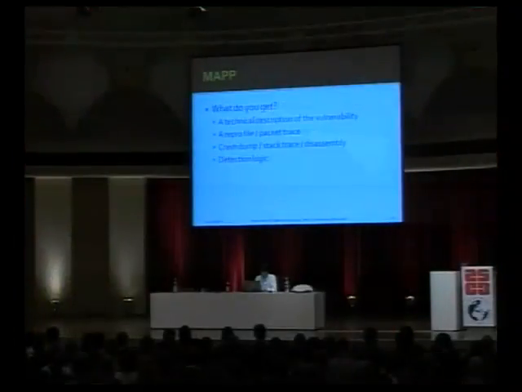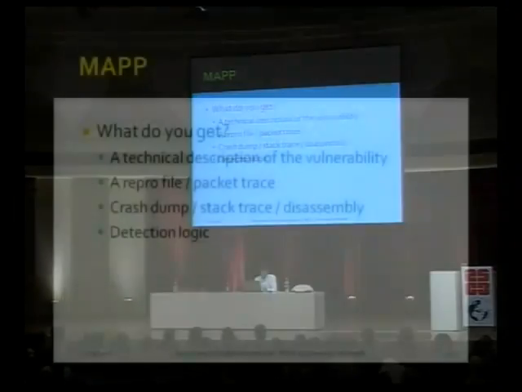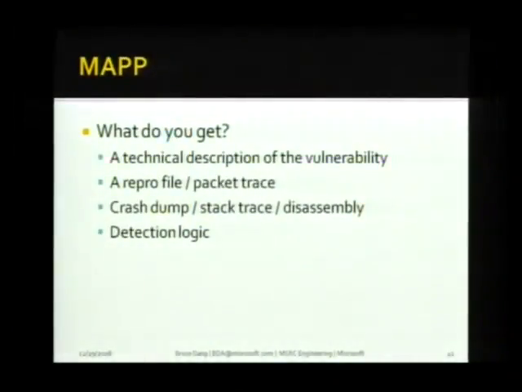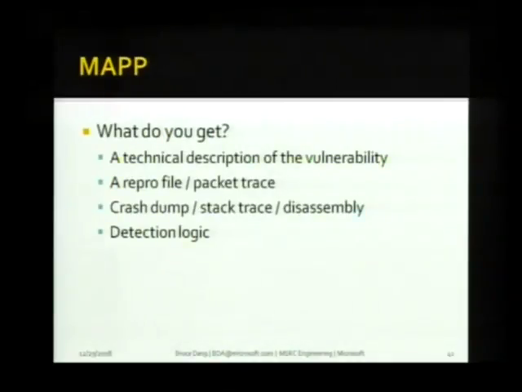All right. So what do you get with this MAPP program? You get a technical description of the vulnerability and a repro file. I'll actually generate a file because I already know what the record is. If it's a network vulnerability, I'll give you a packet trace. And then it'll be a no-brainer. We'll also give you a crash dump, or even a stack trace, a disassembly, and sometimes I'll include annotations of the disassembly, because obviously I can't give source code.